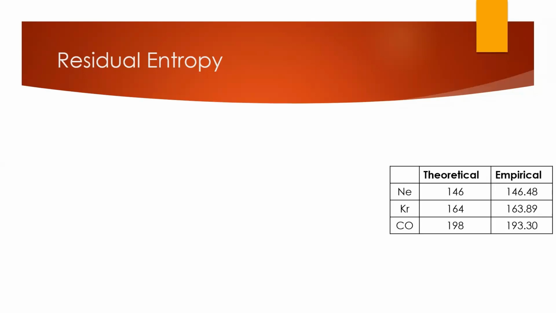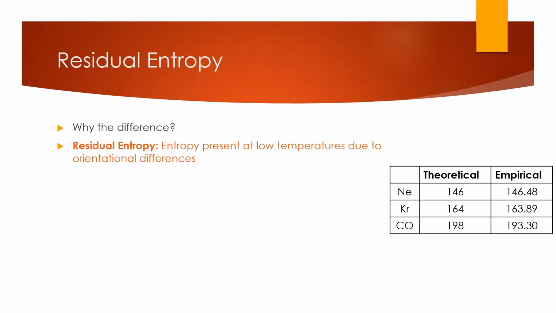So what causes this? Is our theory failing? The cause of this is what's known as residual entropy, as you can see by the title here. So what is residual entropy? Well, residual entropy is entropy that is present at low temperatures due to essentially orientational differences.